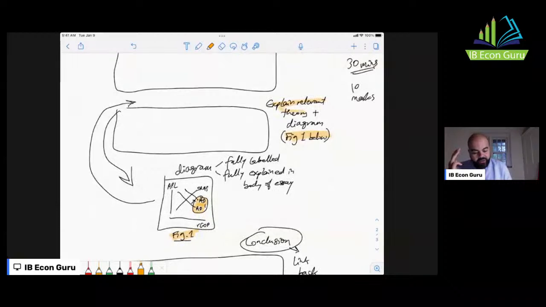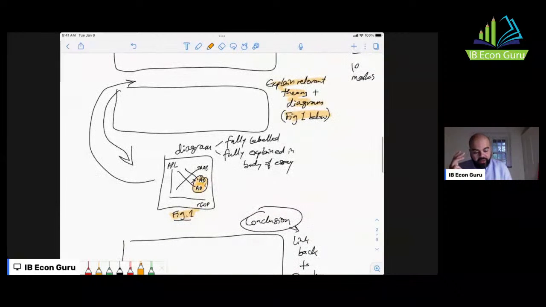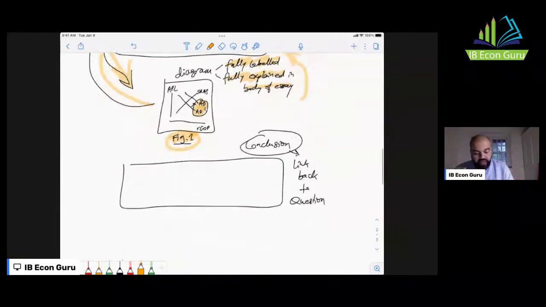I need the next paragraph where I explain the diagram and then I refer to it, give the diagram a name, and use all the labels. I need a diagram that's fully labeled and fully explained in the body of the essay. Could be in the paragraph before, or if you swap those 2 paragraphs, it could be in the paragraph after. And then a conclusion where I'm linking back to the question to make sure that I have addressed it.